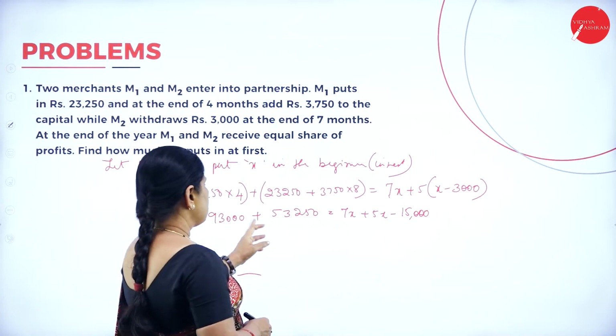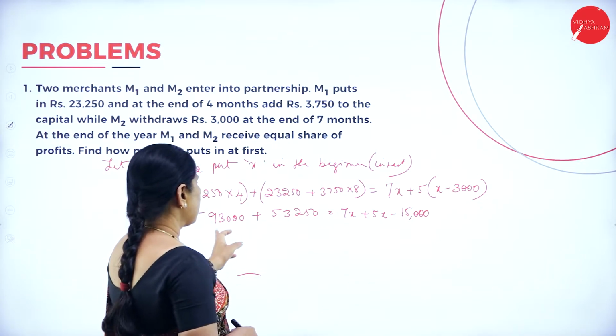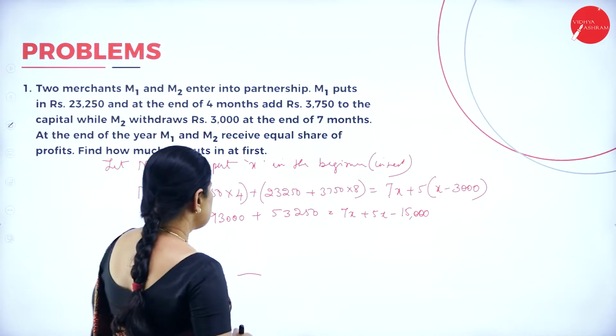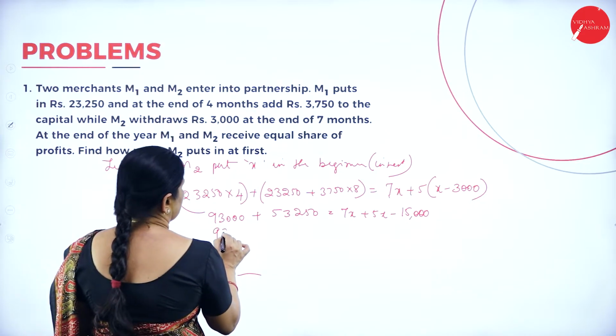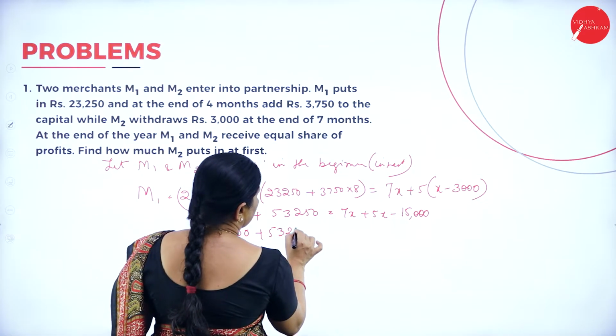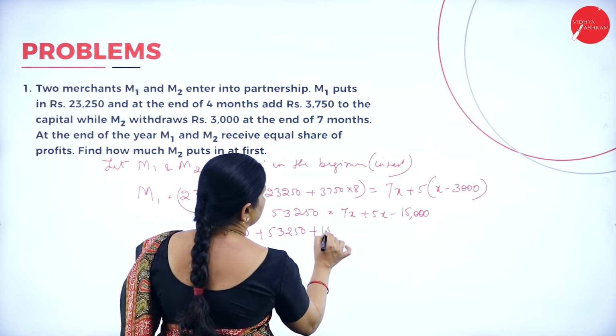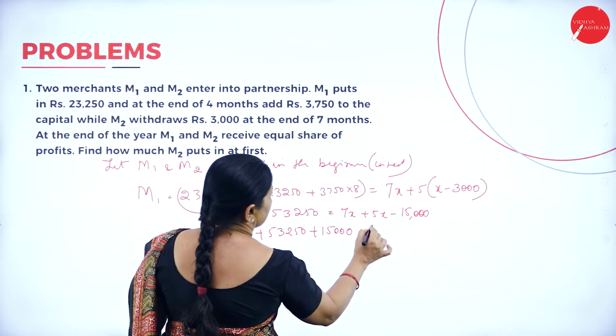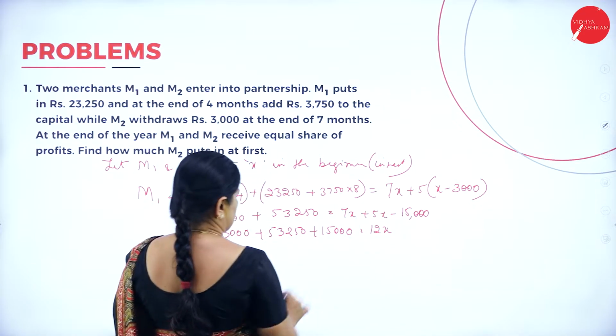Now I simplify both of these. 93,000 plus 53,250 plus 15,000 equals 12x.